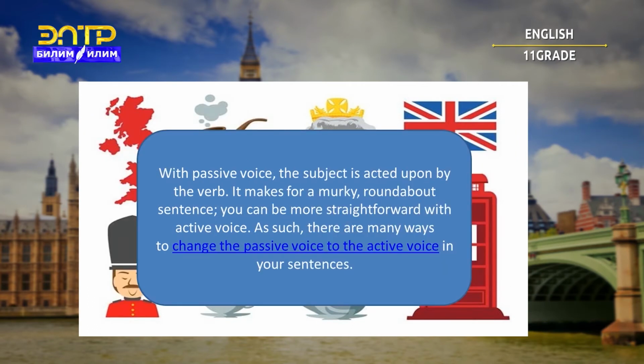With passive voice, the subject is acted upon by the verb. It makes for a murky, roundabout sentence. You can be more straightforward with active voice. As such, there are many ways to change the passive voice to the active voice in your sentence.